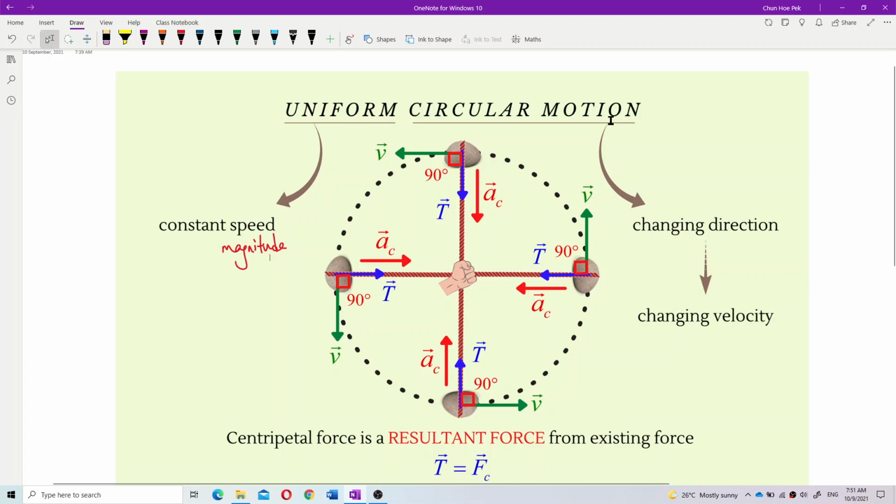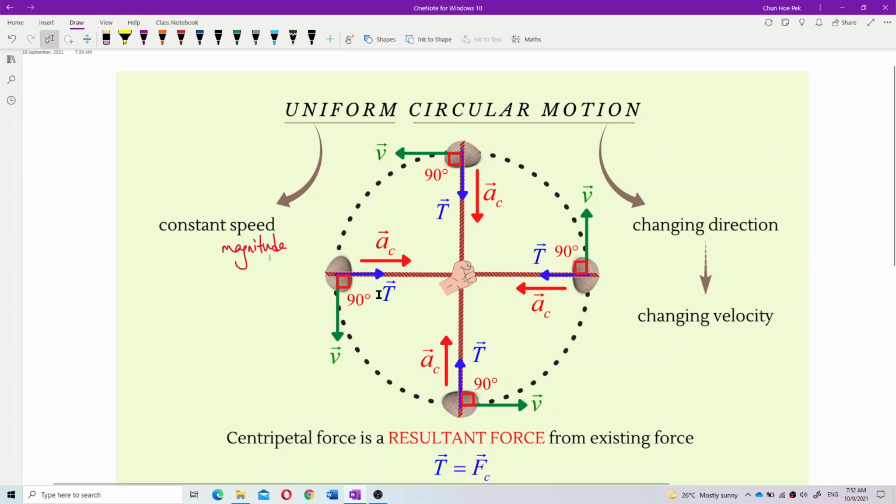Now, circular motion. What does circular motion mean? That means the direction of the velocity. When talking about the velocity, in order to move in a circle, the velocity has to change direction. That means the velocity of the object has to continuously change direction in order to move in a circle.